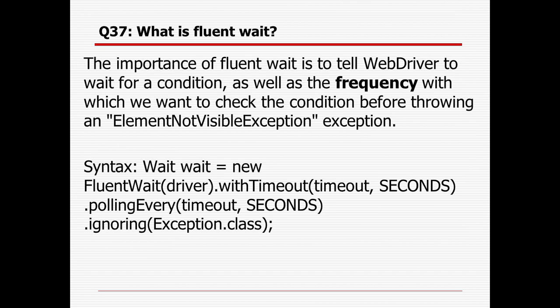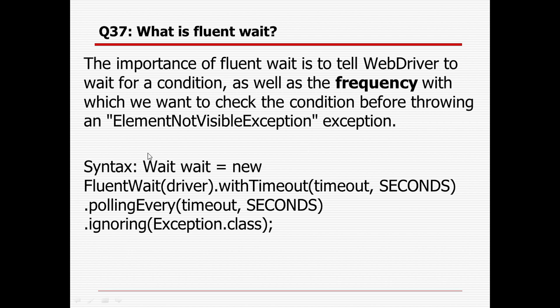The importance of fluent wait is to tell WebDriver to wait for a condition, as well as the frequency with which we want to check the condition before throwing an element not visible exception. So if the total timeout is 30 seconds and the fluent wait polling is 10 seconds, it will wait for three different sets, 10, 10, 10. Every time it will try to check. In case after the total time has elapsed the object is not identifiable, it will give you an element not visible exception.